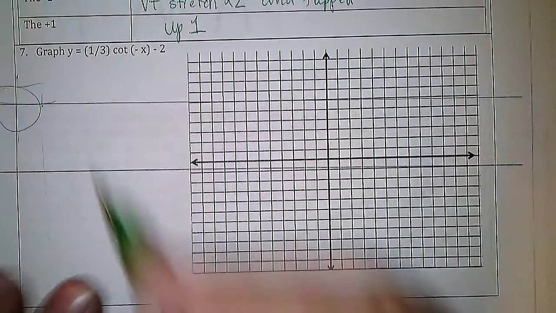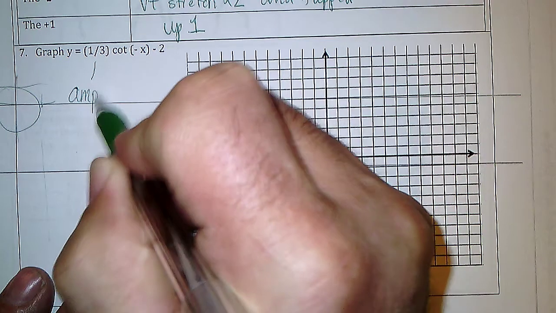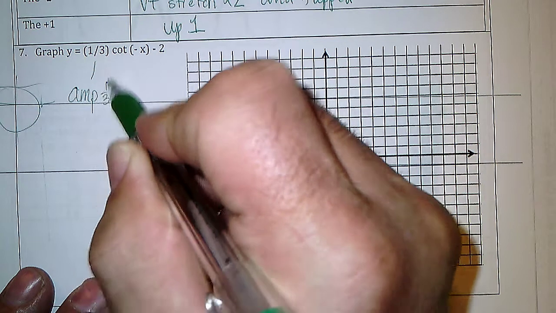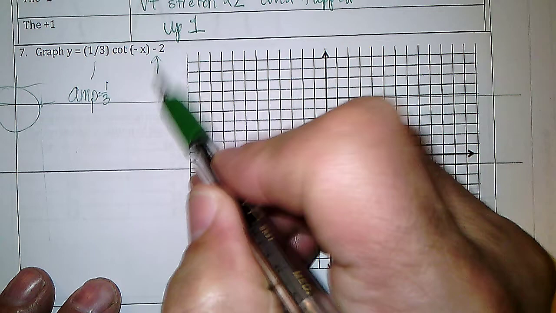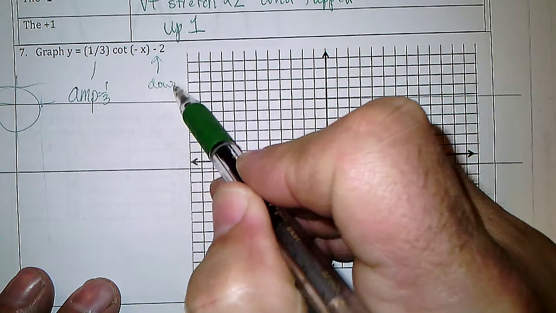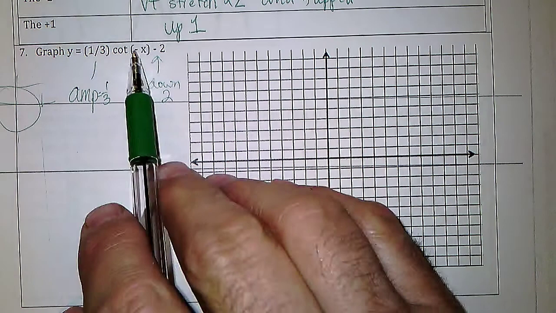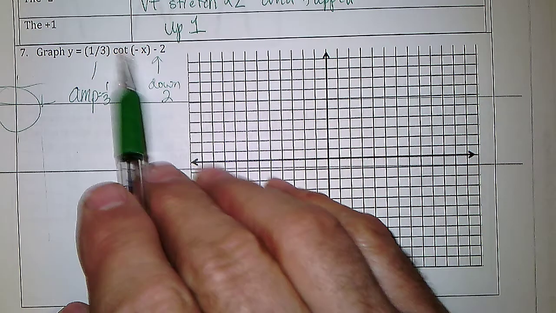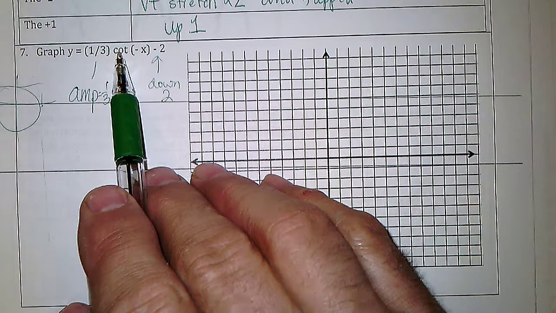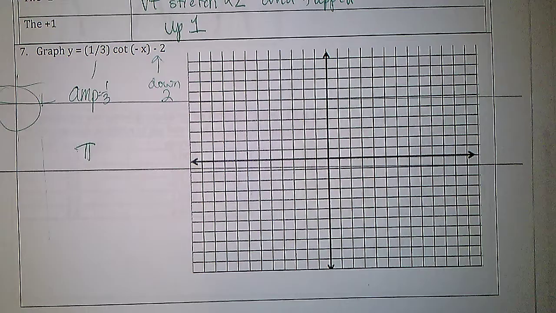Now let's take a look at this. We've got an amplitude of 1/3. Some people were not careful about that. We got a center line down 2. And we've got a negative on the x, which leaves the period the same. Cotangent and tangent both have a period of pi, not 2 pi.